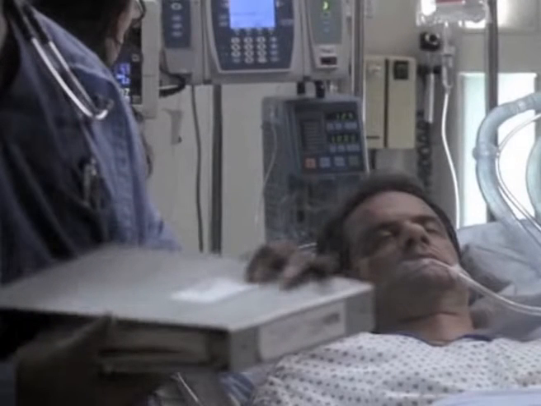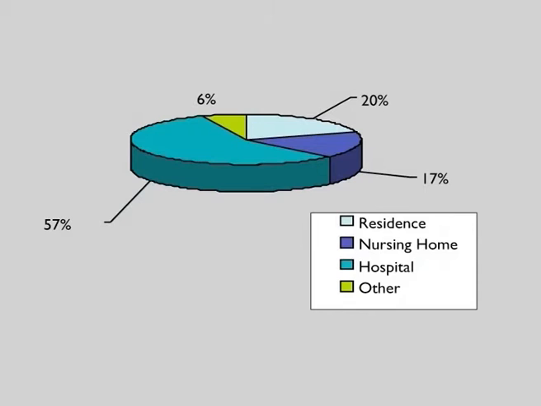In the pie diagram, you can see where people are dying today: about 57% are dying in the hospitals, 17% in the nursing homes, and only 20% of the population are dying in the homes. Whether it is at home, in hospitals, or in nursing homes, especially old age homes, the kind of management certainly varies.